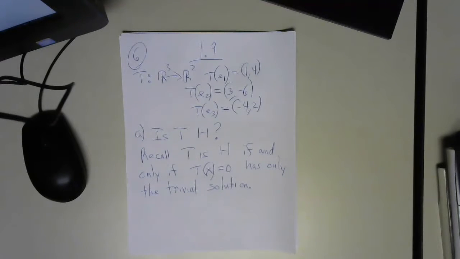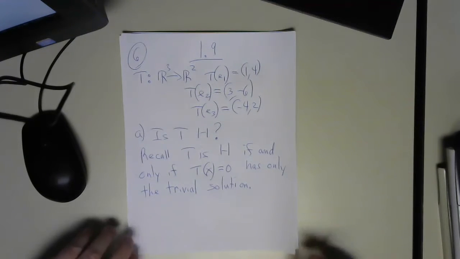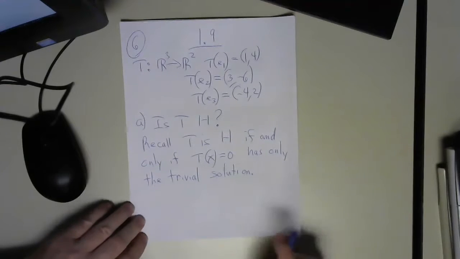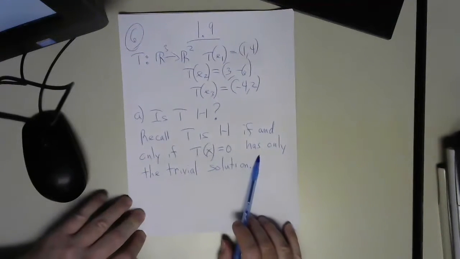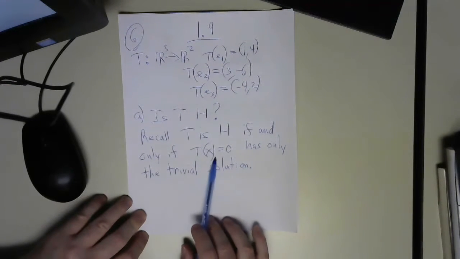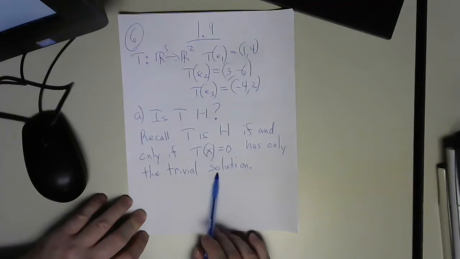And the trivial solution of that is just the 0 column vector. And that's equivalent to saying, by the way, that T is 1-to-1 if and only if the columns of matrix A, the standard matrix, are linearly independent. But let's just focus on this particular version of that. T is 1-to-1 if and only if T of x equals 0 only has the trivial solution.